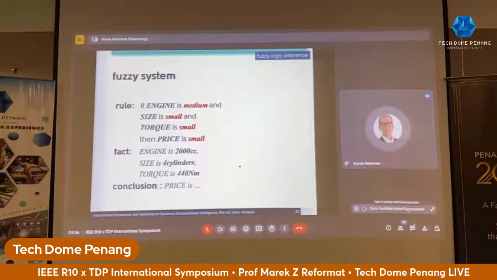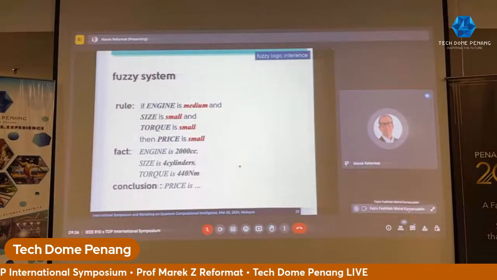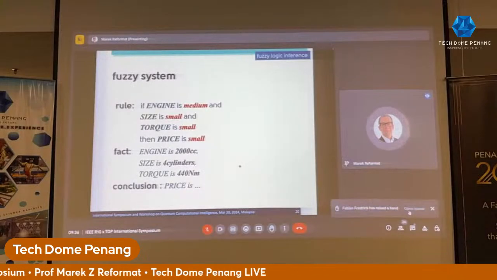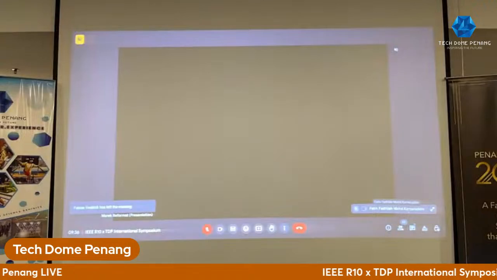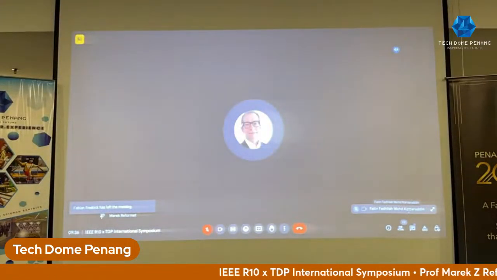The naming is not critical here, just the indication that if the engine is medium, the car is small, the torque is small, then the price is small. The engine is 2 liters capacity, so the size here is of the engine, not of the car, 4 cylinders, and there's some specific torque.